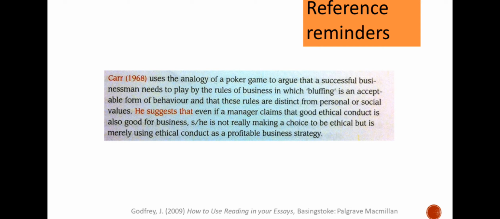So if you're referring to the author in your sentence, you need only to put the year next to the author name in between round brackets. He suggests that even if a manager claims, again we are referring to Carr, but we already mentioned the in-text citation of Carr, so it is okay that when we say he suggests, we have no year there, as it has been in-text cited just a sentence before that one.